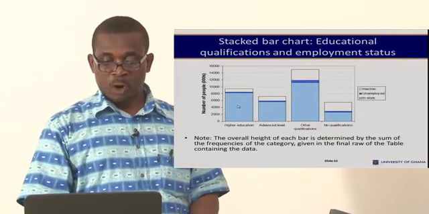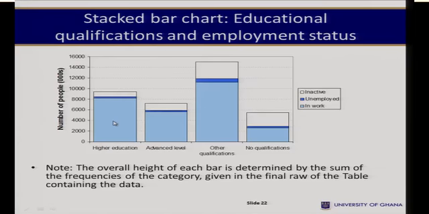So we started off with a light blue, which is those who are in work. This again is the 8,224. And then we add on top of it the number unemployed, and then finally the third being those who are inactive. So the height of the complete bar includes the three categories.